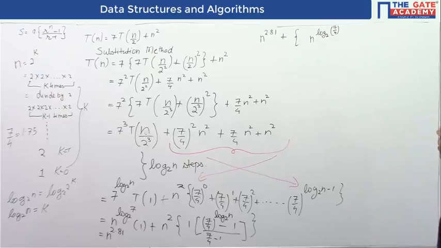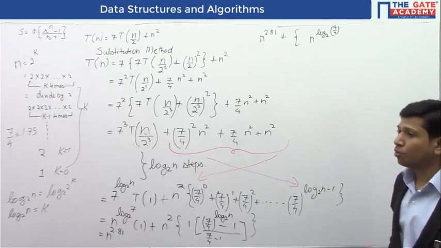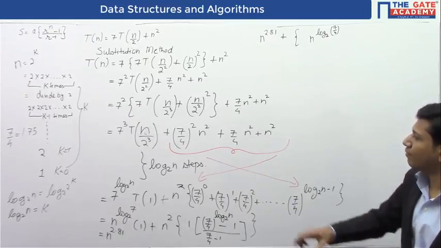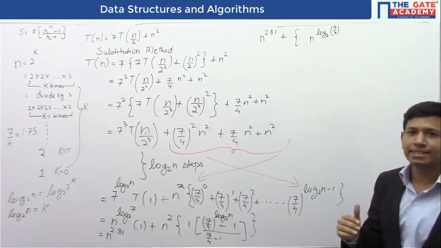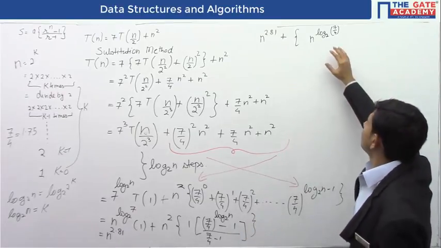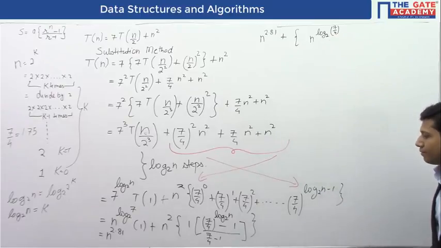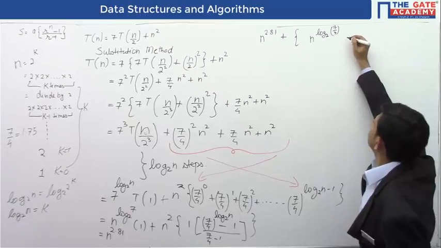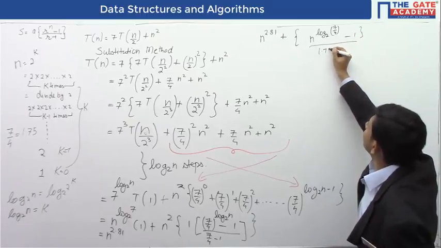What is the value of log of 1.75 base 2? Since 1.75 is smaller than 2, 2 has to be raised to a power which is smaller than 1 in order for it to become 7 by 4, which is 1.75. This is 0.81 minus 1 upon 1.75 minus 1.